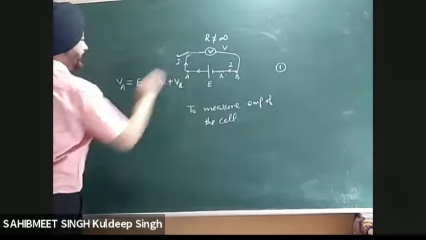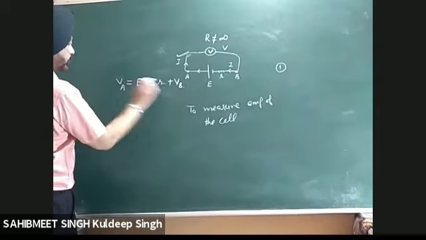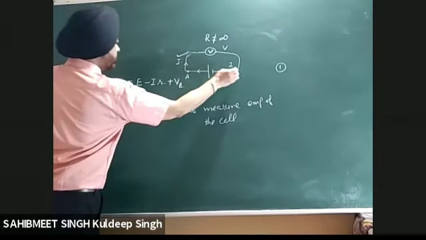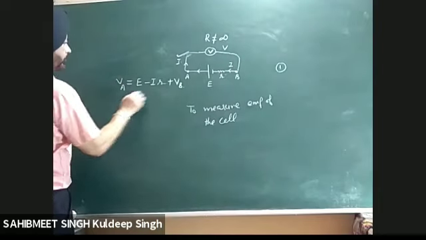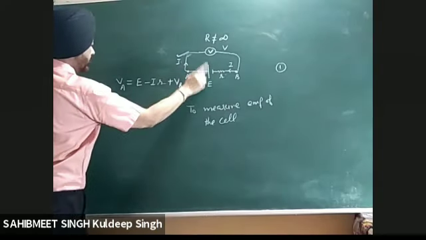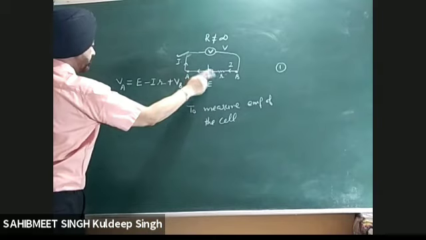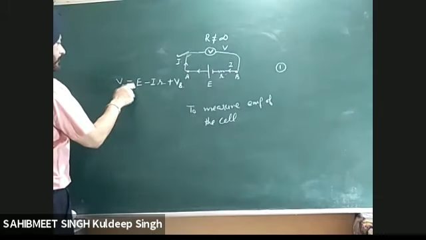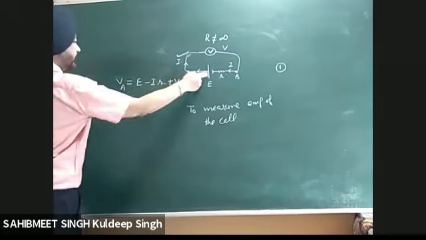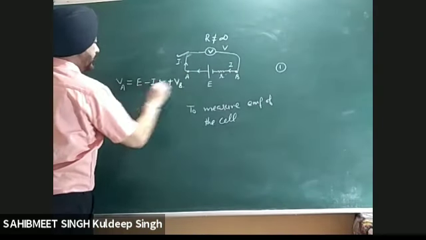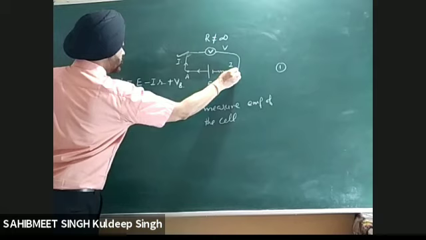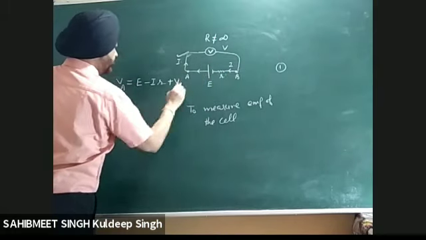Generally we forget, so listen again. Start from point A. VA equal to... Whenever you want to apply it to a branch, start from point A, and the first terminal that you get, if positive, write positive. By chance, if I get negative, I will put a negative sign here. But now this is positive. Minus, going opposite, IR. Then I reach here where I want to find the final potential VB.